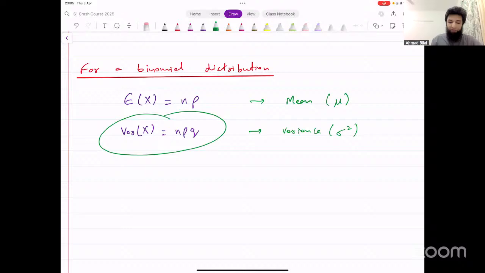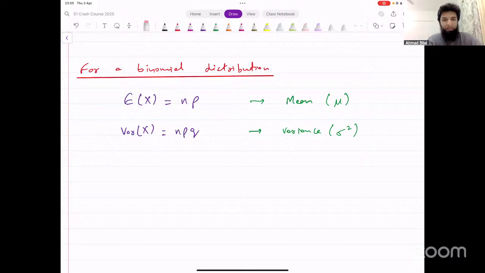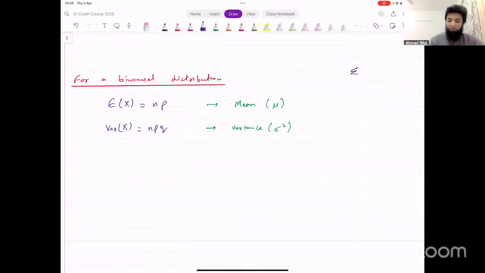So whenever you have a binomial distribution, the expected value and variance can be calculated directly using these two formulas. You don't have to use sigma xp and sigma x squared p minus expected value of X whole squared that we used in cases of probability distribution tables. We can directly find the mean and variance using these formulas. Okay, that's what we discussed.